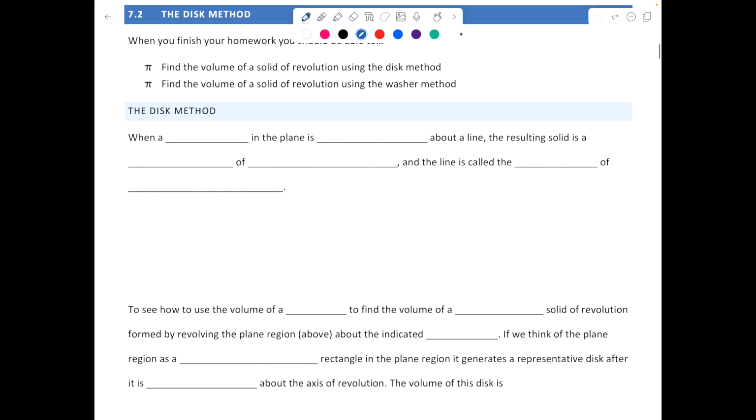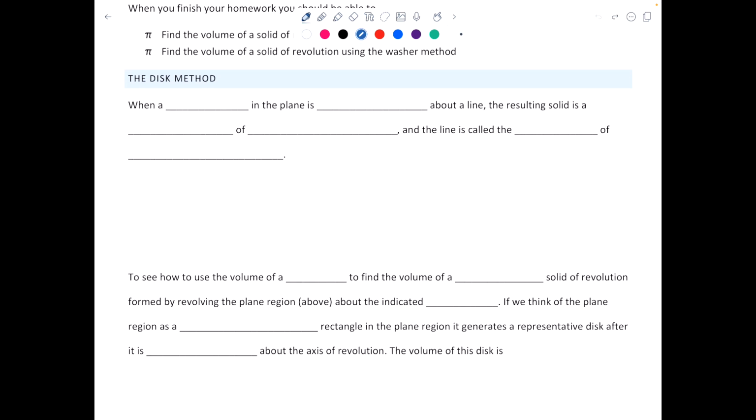All right, so for the DISC method, when a region in the plane is revolved about a line, the resulting solid is a solid of revolution. And the line is called the axis of revolution.